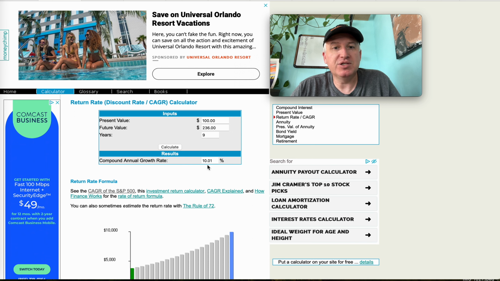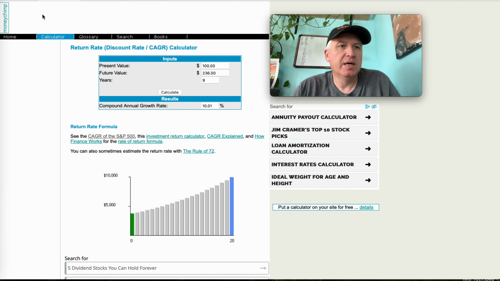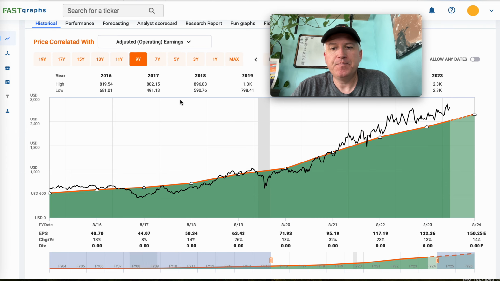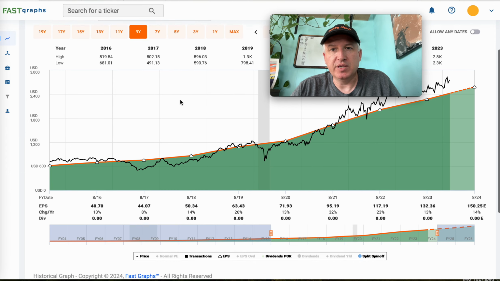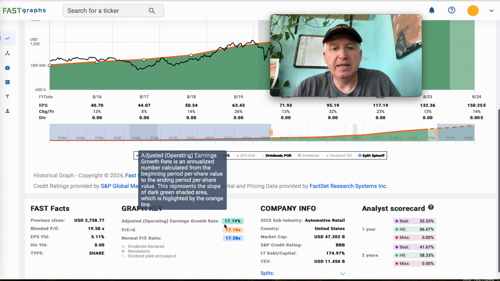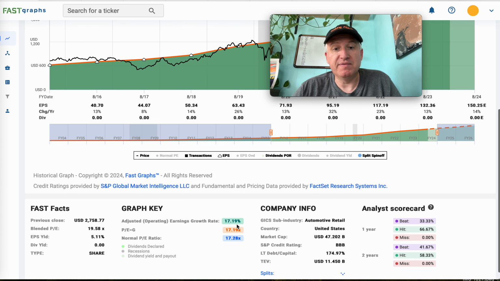But the important thing is you can see the difference here. If you adjust for the buybacks a little bit, you have a 10% earnings growth rate. And if you don't do that, you have 17%. This is a huge, huge difference when it comes to valuation. And I picked one that would have a huge difference.